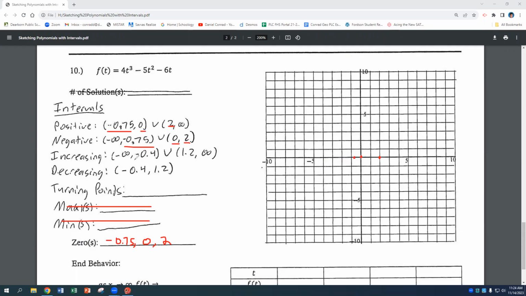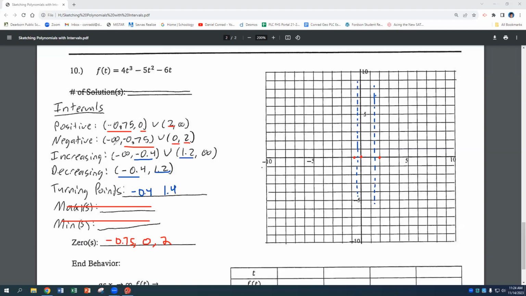My turning points are negative 0.4 and 1.2. Turning points are when it changes direction from increasing to decreasing or decreasing to increasing. The turning point at negative 0.4 is going to be between negative 0.75 and 0, and 1.2 is probably about right here.